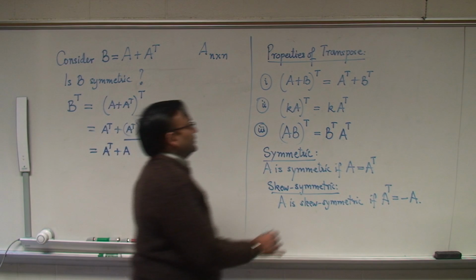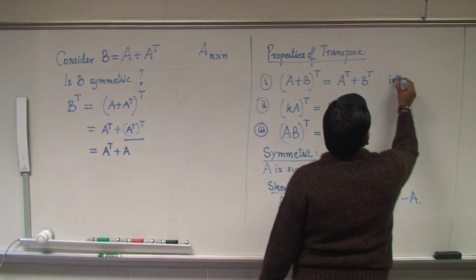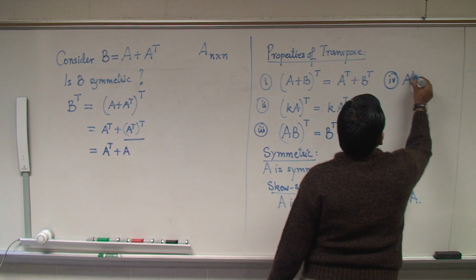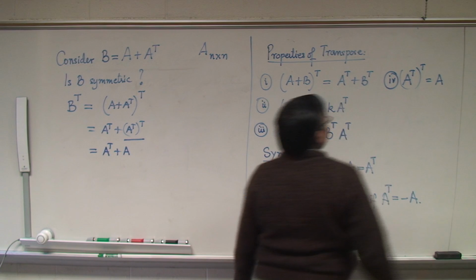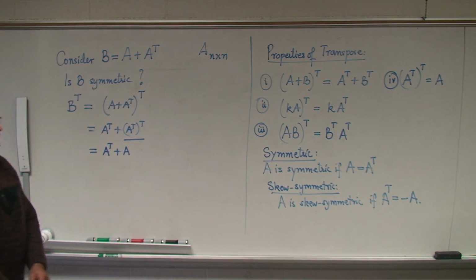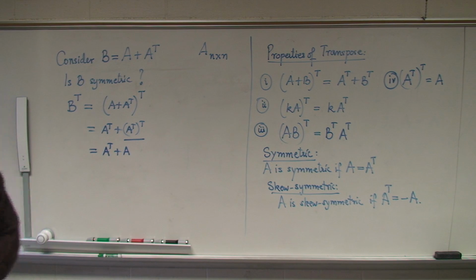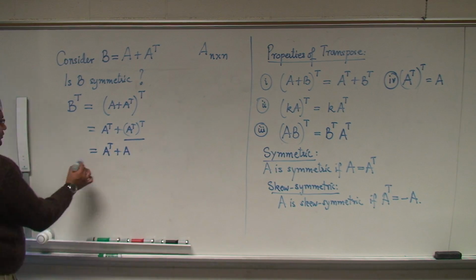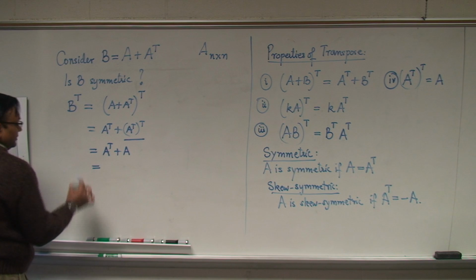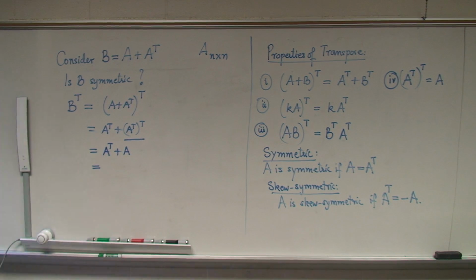So this is another property that we could have added to our list: the transpose of a transpose gives you back A. In some sense, transpose is an operation which applied twice brings you back to A. These kinds of operations have a name. They're usually called idempotent operations, but don't worry about the name, it's not going to really help you or hurt you here.